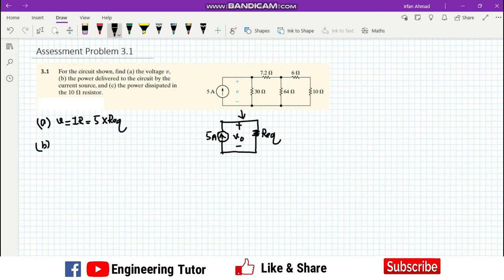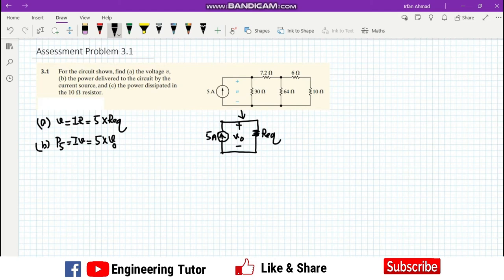Similarly, for part B, the power delivered to the circuit by the current source, we know the value of I, but we don't know the value of V naught. This is V, or we can also call it V naught.